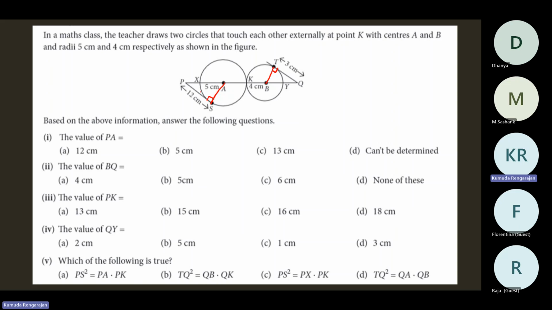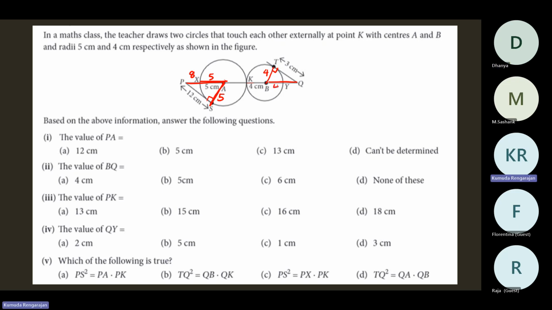So this is 12, children, and this is 5, radius 5. So the hypotenuse is 13. 13 minus 5 is 8. So this one is 8. Now the radius is 4. So the hypotenuse BQ will be 5.